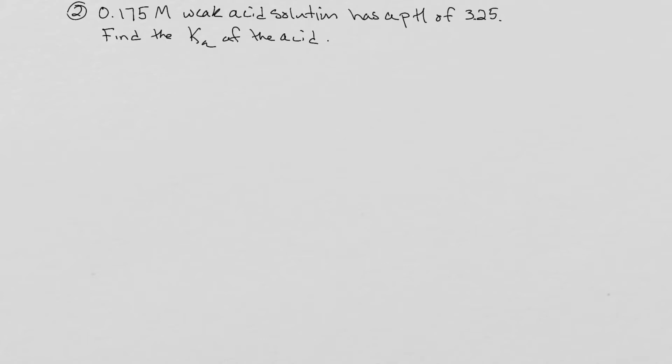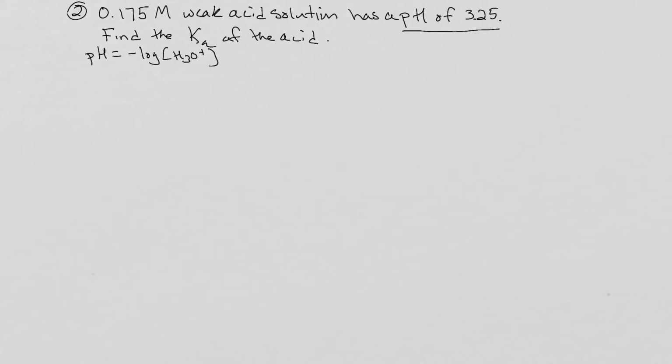Well, we can again use similar ideas to figure this out. So the key connection here is when they tell you the pH, what they're giving you is enough information to find the equilibrium hydronium concentration. So we can do that, of course, by using our pH equation, right? So we know the pH is equal to the negative log of the hydronium ion. Now, of course, we want to find the hydronium.